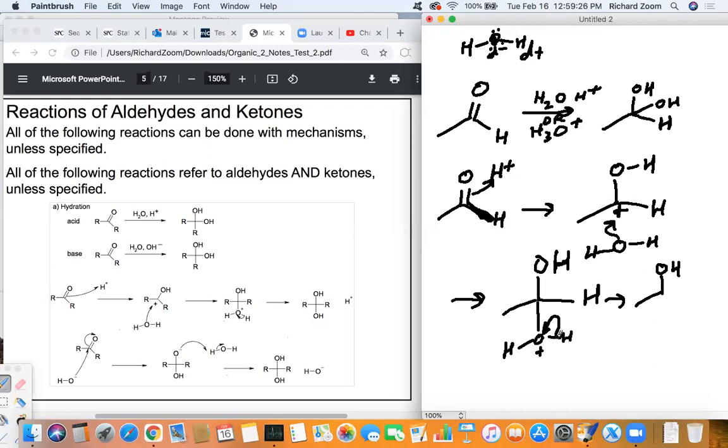It's coming from the bond, and it's going towards the O because we're looking at where the electrons are going, not where the hydrogen's going. It seems counterintuitive, but you get used to it after you've seen it a few times. That leaves H plus as a product there as well. So it's kind of catalytic. I mean, the H plus is there at the beginning. It's also there at the end.